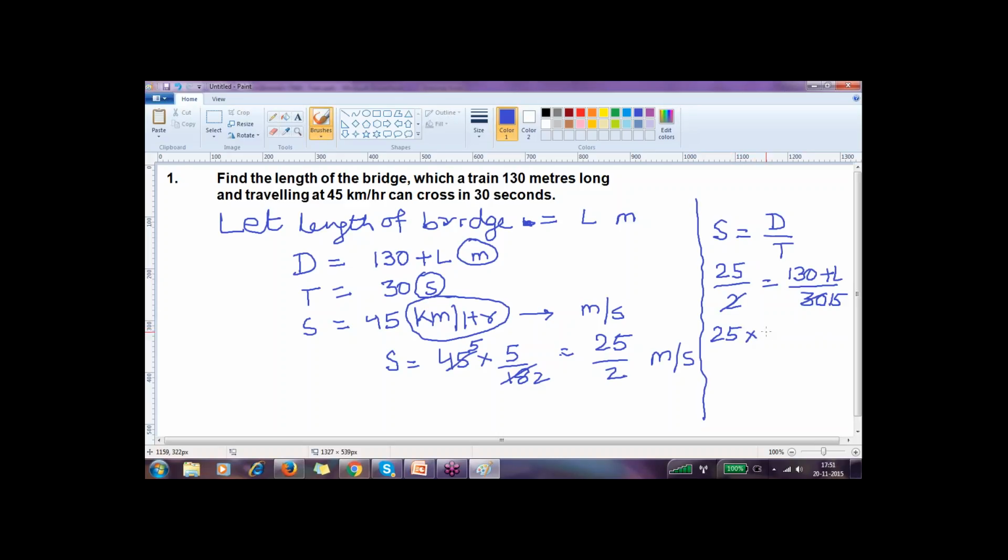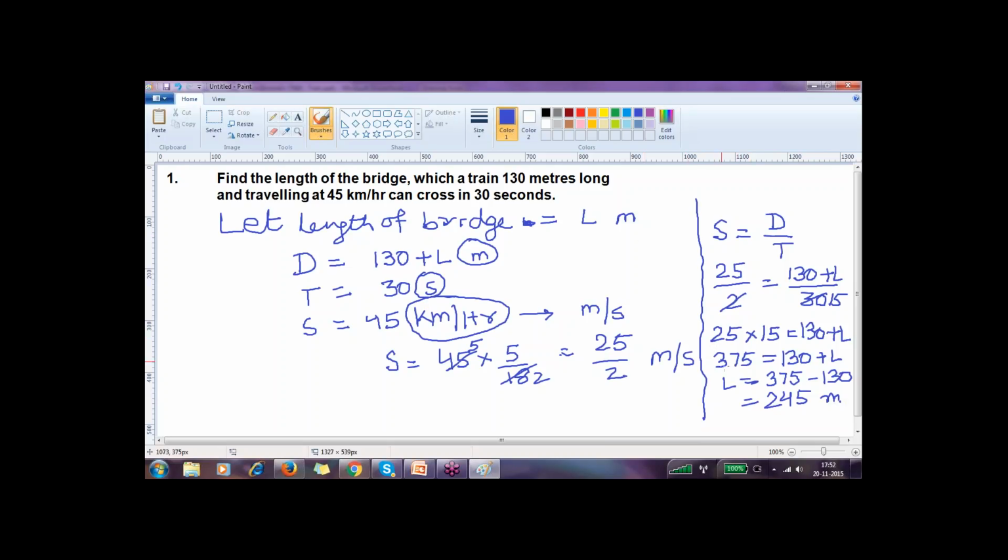So it becomes 25 into 15 is equal to 130 plus L. So this is equal to 375 is equal to 130 plus L. So L is equal to 375 minus 130, which is equal to 245 meters.